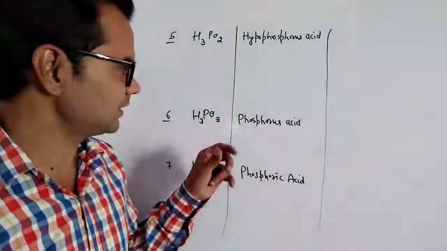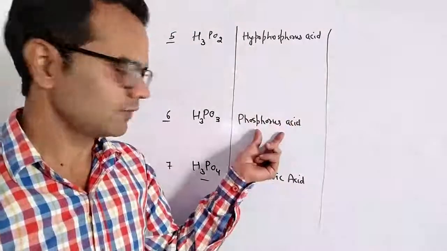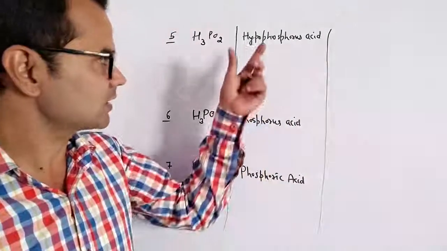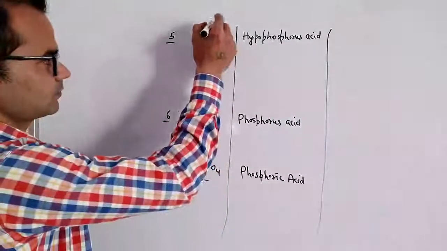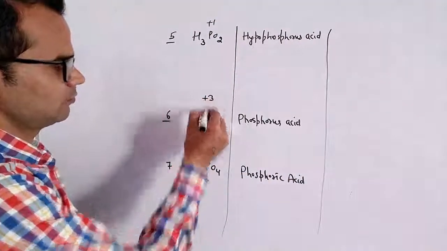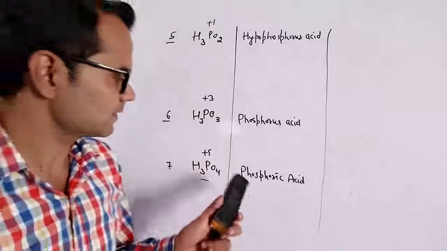Next we have three acids of phosphorus: hypophosphorous acid, phosphorous acid, and phosphoric acid. The oxidation state in hypophosphorous acid is +1, in phosphorous acid +3, and in phosphoric acid +5.